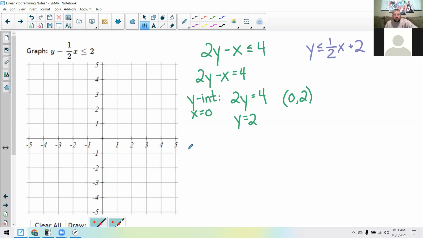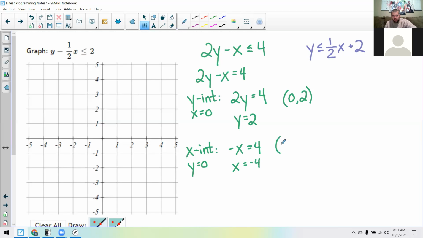Now the flip side of that, I'm going to find the x-intercept. That's what we get when y is 0. So I'm going to let y be 0. I get 2 times 0, which is 0, minus x equals 4. Getting x by itself, divide by -1, you get x equals -4.